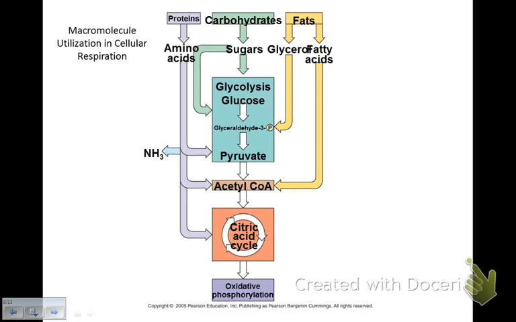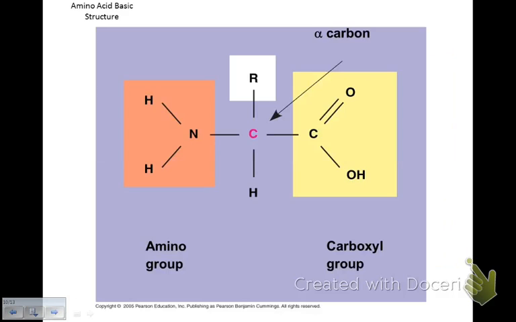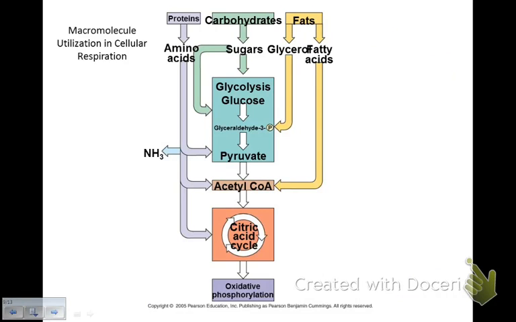Okay, biosynthesis. So we break down sugar and we make ATP. But we do that so that we can make, let's go back to this picture. We all have to do this. We have to make ATP so that we can build up. You have to build up macromolecules with anabolism.